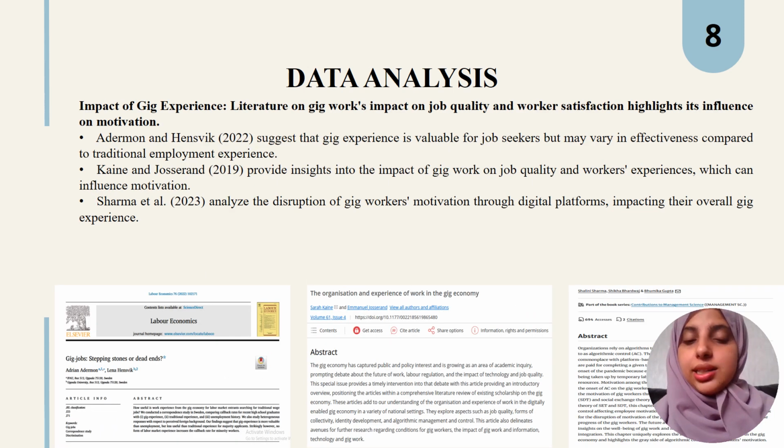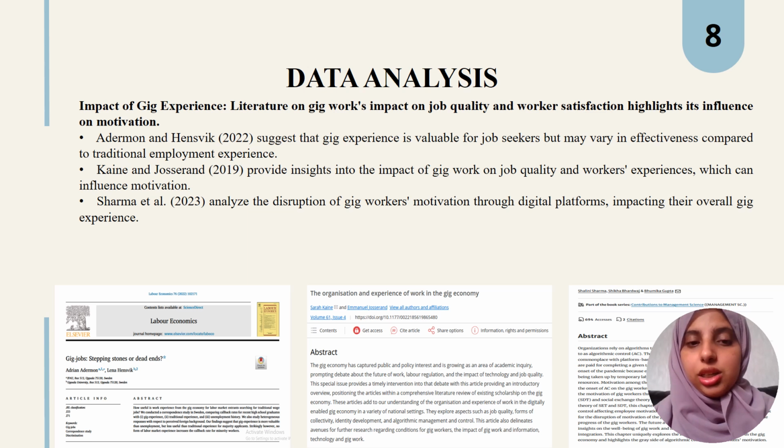Now my eighth slide is data analysis. Impact of gig experience. Literature on gig work's impact on job quality and worker satisfaction highlights its influence on motivation. Drummond and Hanneswick suggest that gig experience is valuable for job seekers but may vary in effectiveness compared to traditional employment experience.